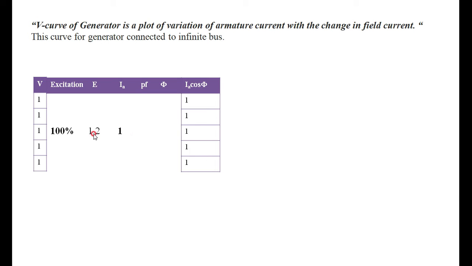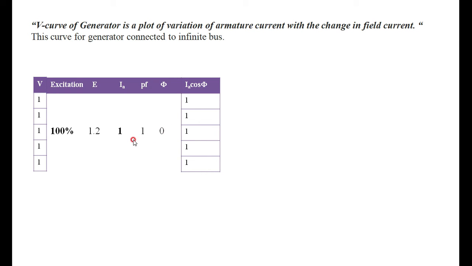So for 100% excitation, the generated voltage is 1.2 and the current is 1 unit. And for 100% excitation, we know that the power factor is unity. Therefore cos phi is 1, therefore phi is 0 here.